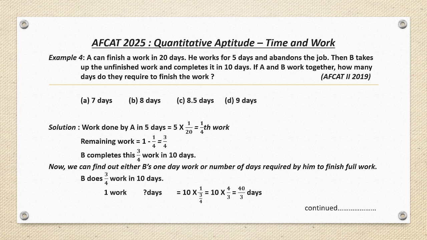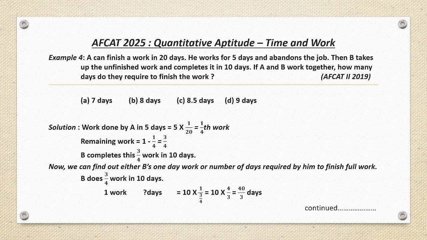3/4 work is there. Then B takes up the unfinished work, which is 3/4, and completes it in 10 days. Very simple. B does the 3/4 work in 10 days. So for the full work, how many days will he take? 10 into 1 whole divided by 3/4.